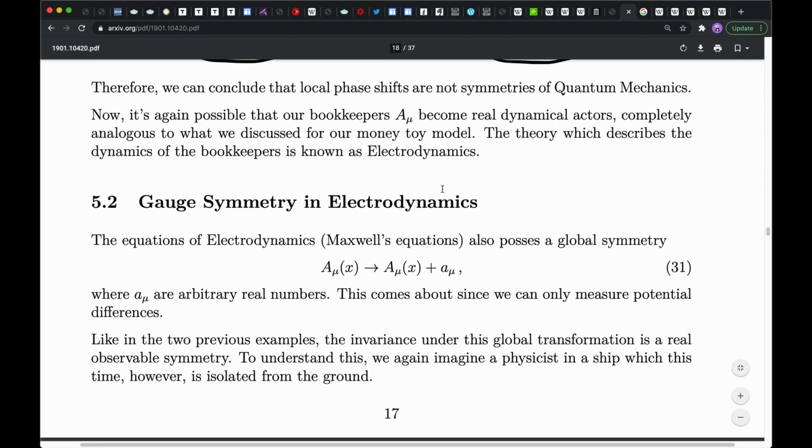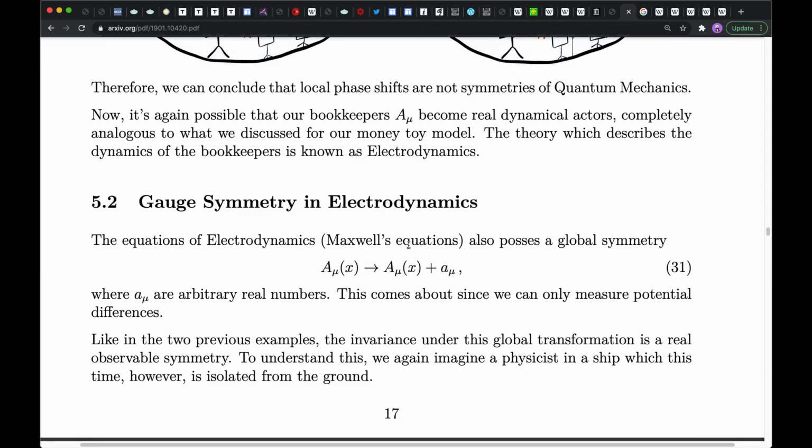Okay, so in electrodynamics we have Maxwell equations, and we have the electromagnetic potential there, and we can add arbitrary real numbers to it, or any gradient of any function, but real numbers are perfectly good to be added there. This comes about because we can only measure potential differences.